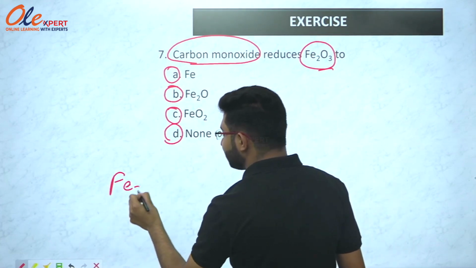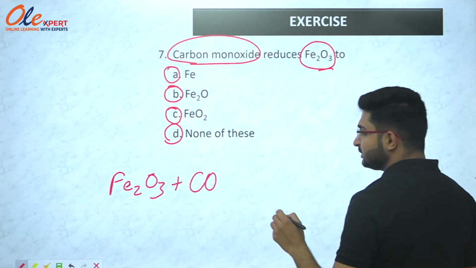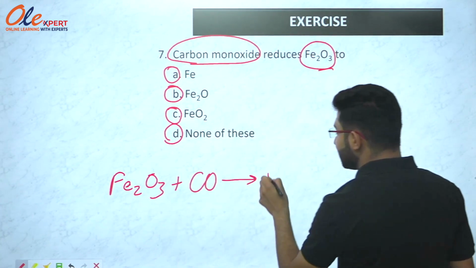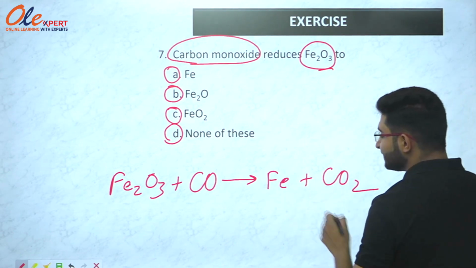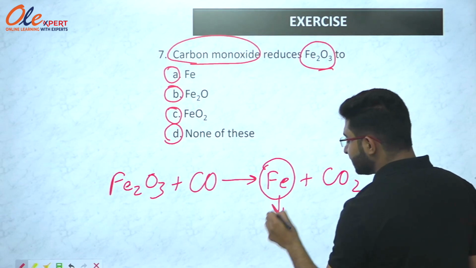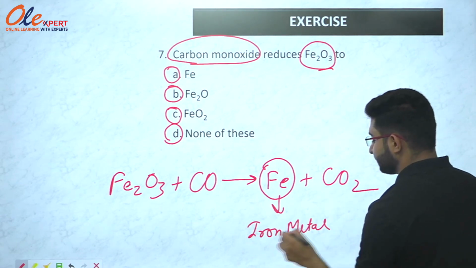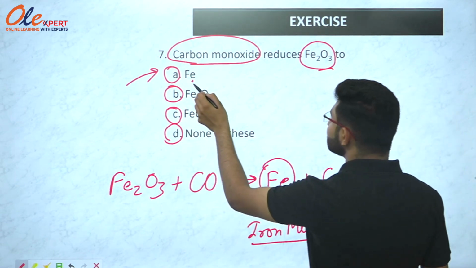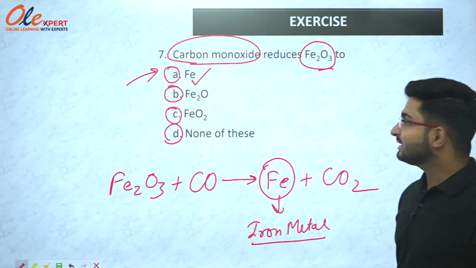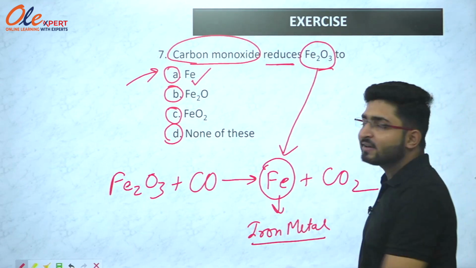The reaction is Fe2O3 reacts with carbon monoxide, that is CO, and it releases Fe plus CO2. So you can see that we get iron metal from here, right? In the options, option A is given here, that is Fe. So Fe is the correct answer.